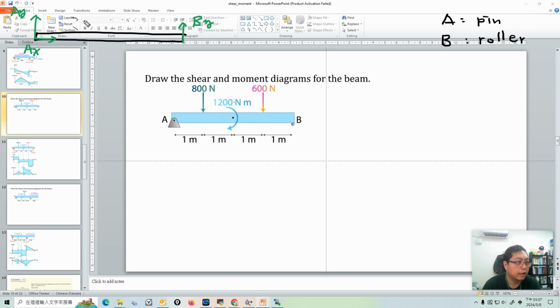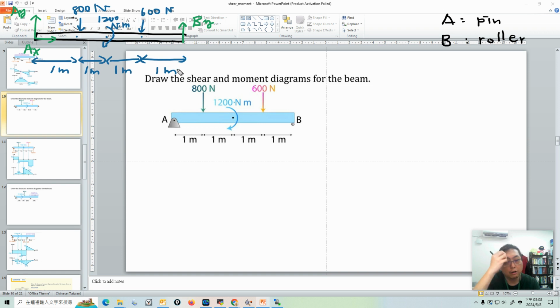Here it is 800 Newton, here is 600 Newton, and here is the clockwise moment, 1200 Newton meter. This may not be in the right scale, but it's just a scheme, a simple representation of this problem.